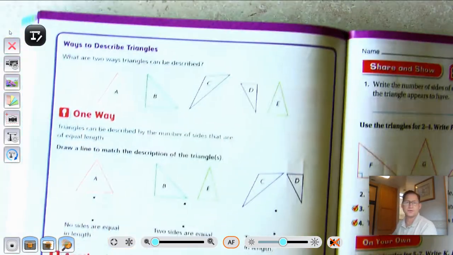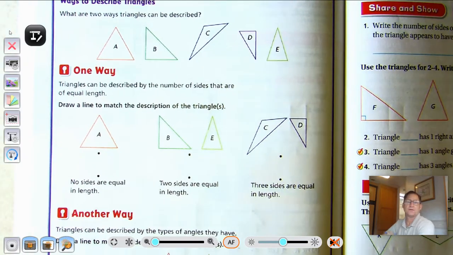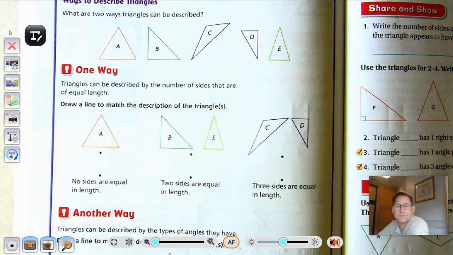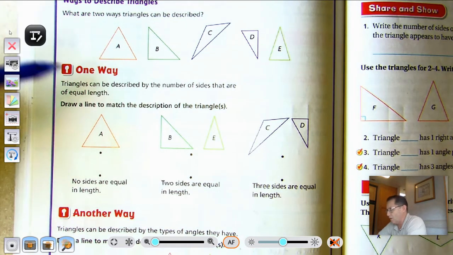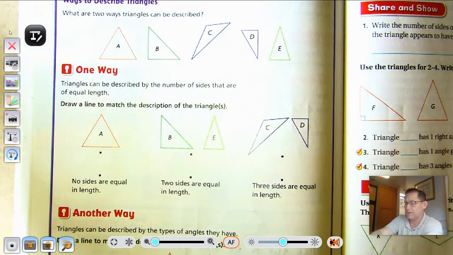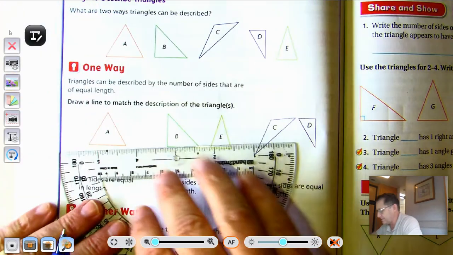So what are ways to describe triangles? There are two ways triangles can be described. So one way is triangles can be described by the number of sides that are of equal length. Draw a line to match the description of the triangle or triangles. Well, so let's see.